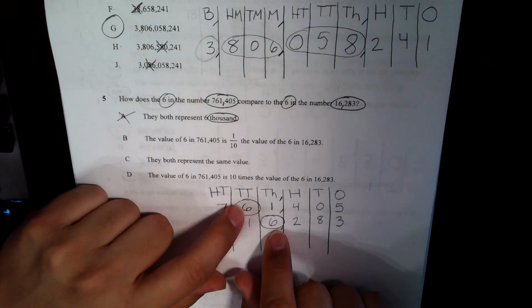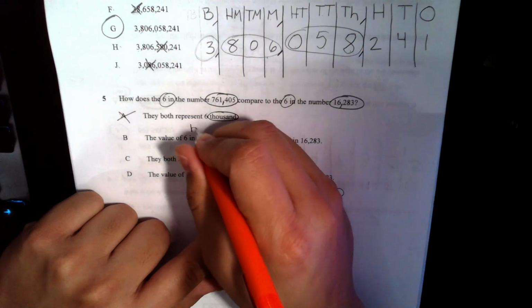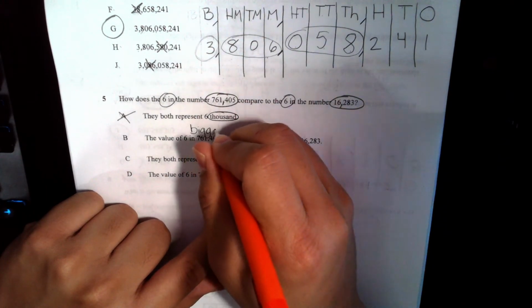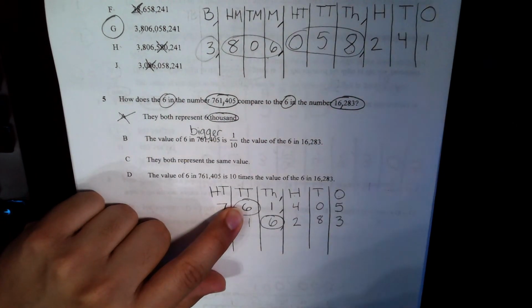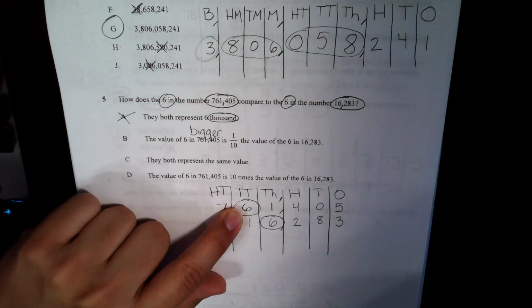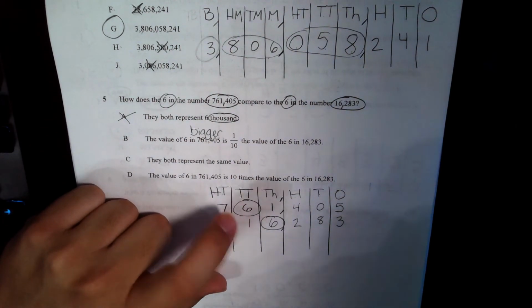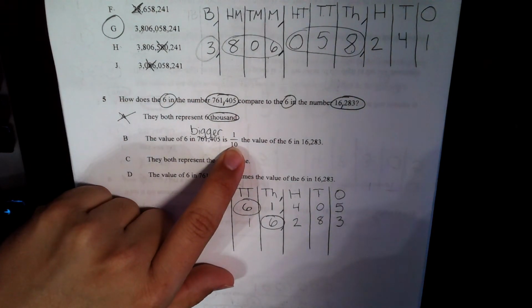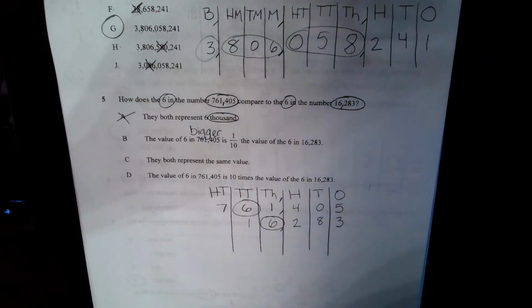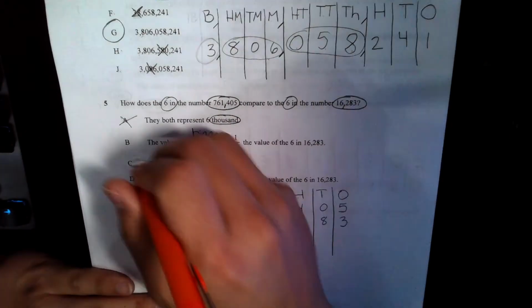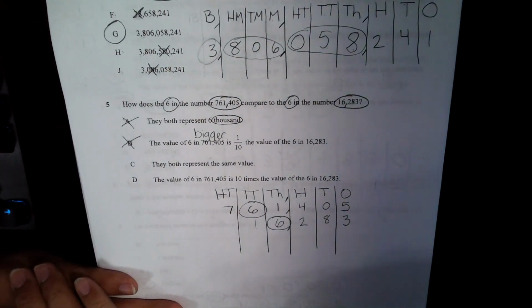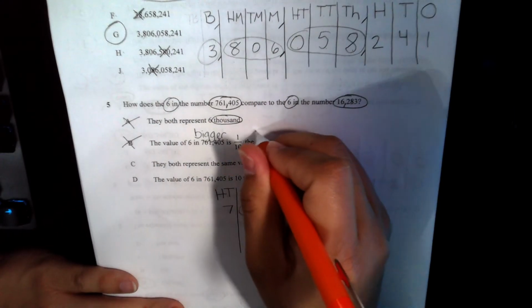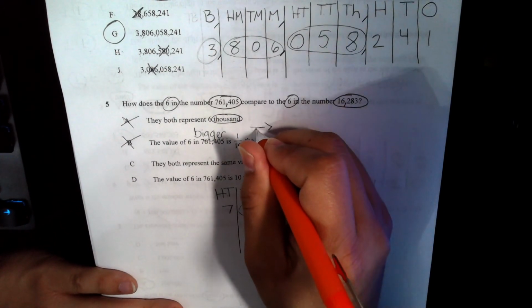Okay, but this one, the one in the 10,000s. Okay, so this is the bigger 6. And Kylie, if this 6 is bigger, does that match with 1/10? No, it should be 10 times. So that's not right. Because 1/10 is only if it's smaller.